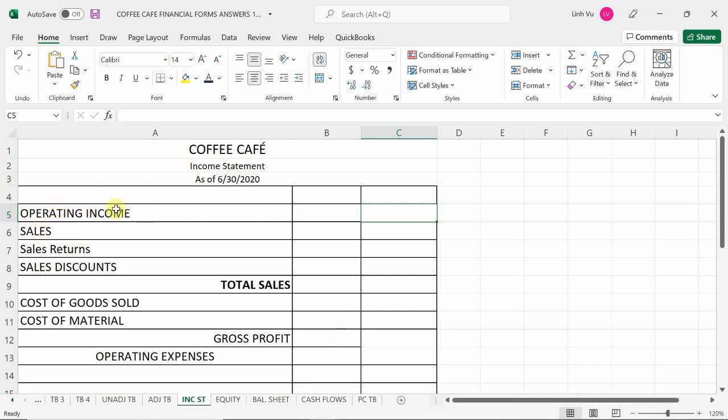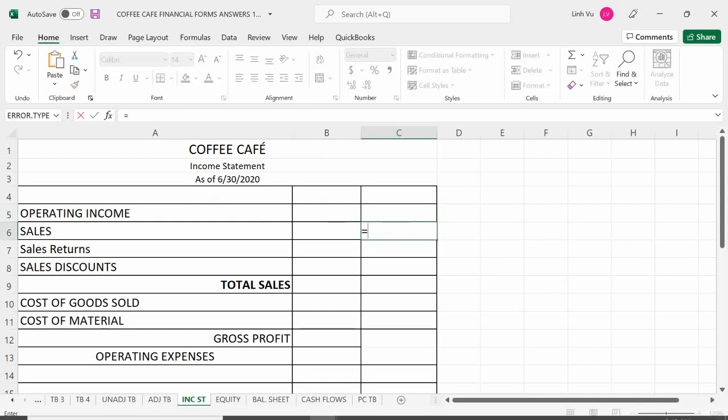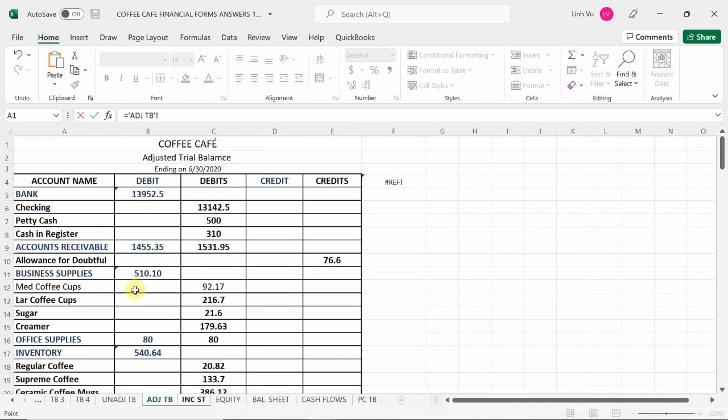is going to be operating income, which is your sales. So in this case, what was my total sales that I've incurred on my adjusted trial balance?